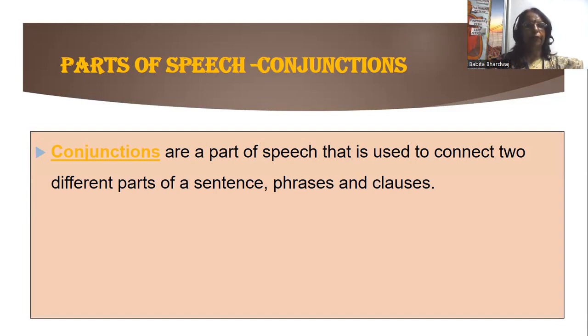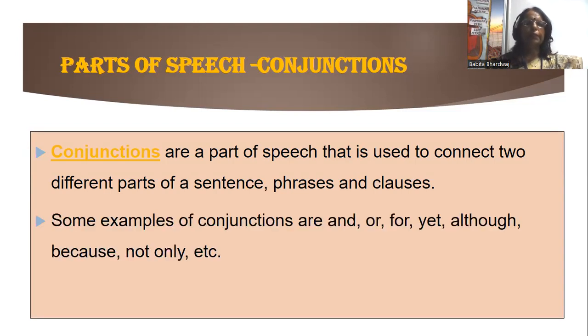If we see the definition, conjunctions are the part of speech that is used to connect two different parts of a sentence, phrases, and clauses. Some examples of conjunctions are and, or, for, yet, although, because, not only, etc. These are some of the examples of conjunctions, and we are very frequently using these conjunctions in our day-to-day communication.